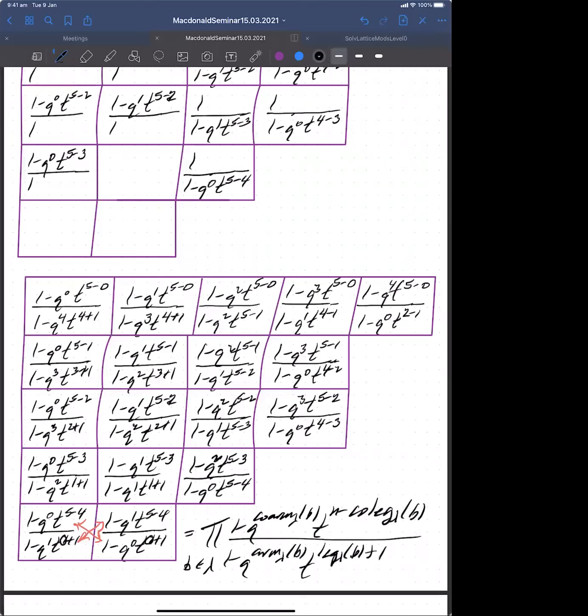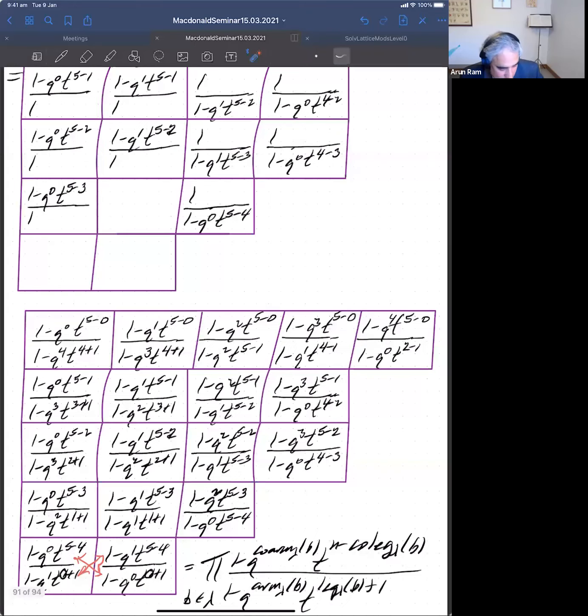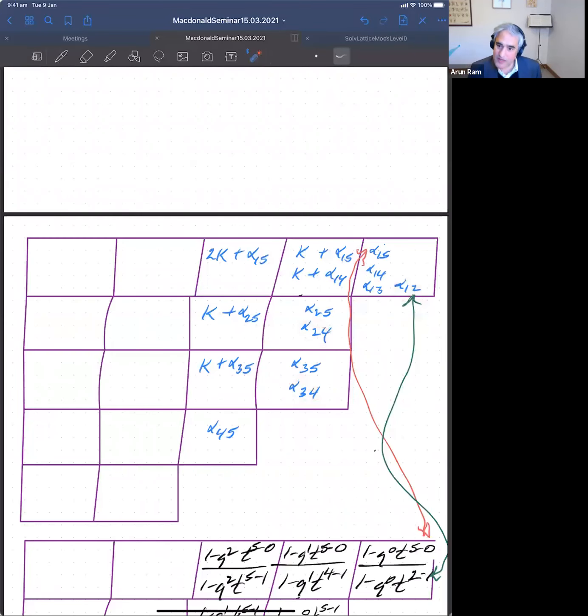In every spot, it's exactly those numbers. So in fact, this arm and this leg, these are exactly these denominators. And these denominators are exactly this last root. So the last root in each box is the hook length.